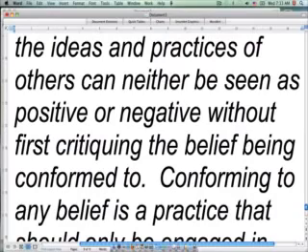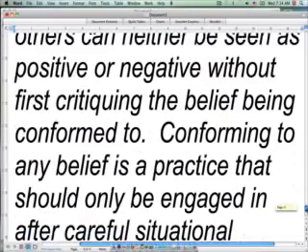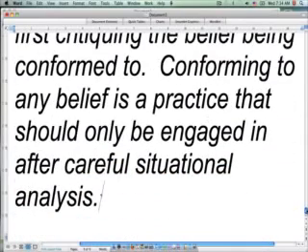So you can see here we're linking back to our thesis, right? Because in our thesis we said, you can't say conforming is right or wrong. It's the subject or the idea that's being conformed to that is right or wrong. And here we're saying that again. Conforming to any belief is a practice that should be only engaged in after careful situational analysis.